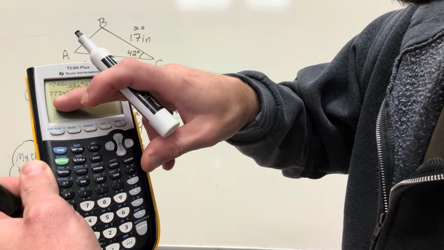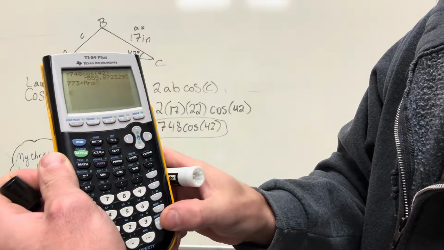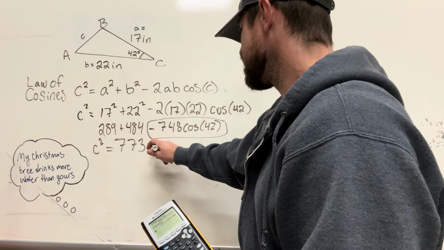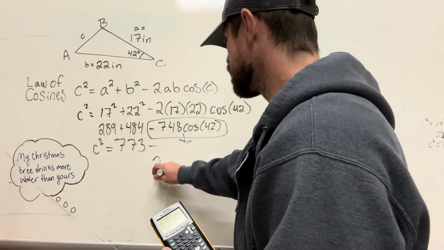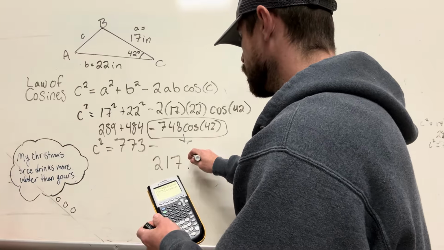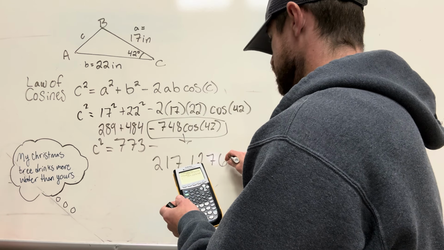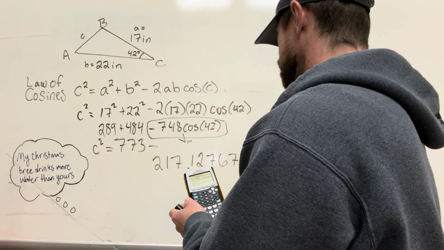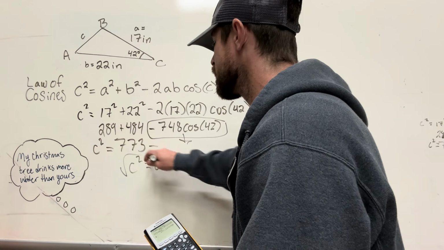So that's 773 plus negative 555.87. Okay, so when I take that away from this, what I'm left with is 217.1276705. Remember, this is equal to C squared, so we want to square root at the end.